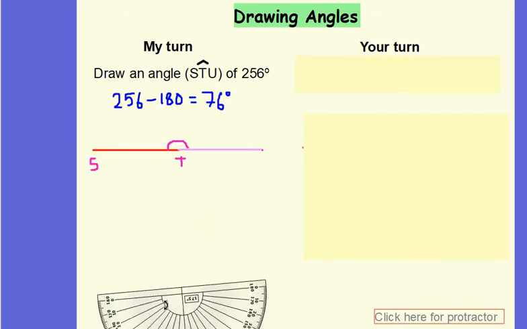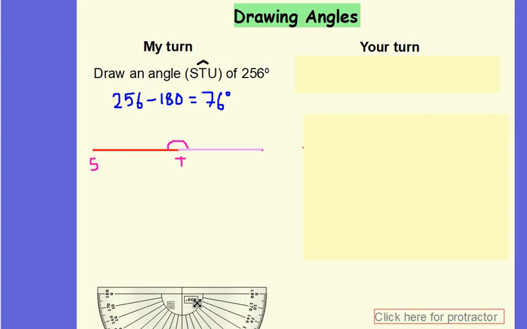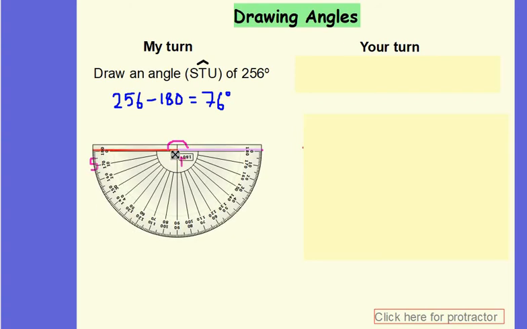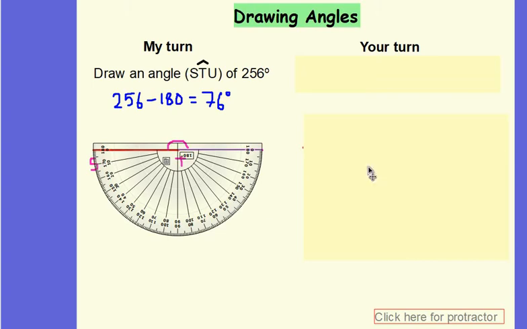If I turn my protractor up the other way, move it onto my line, I want an additional 76, so I'm going to move 10, 20, 30, 40, 50, 60, 70, 6 to here.